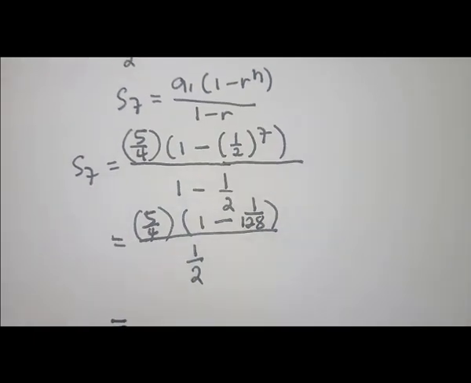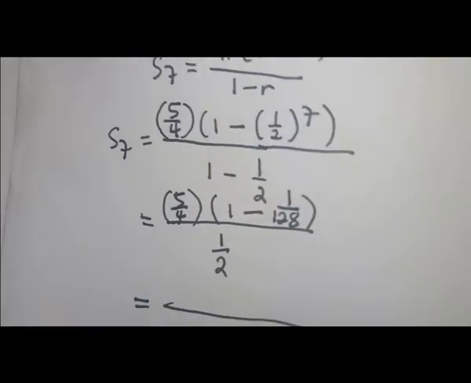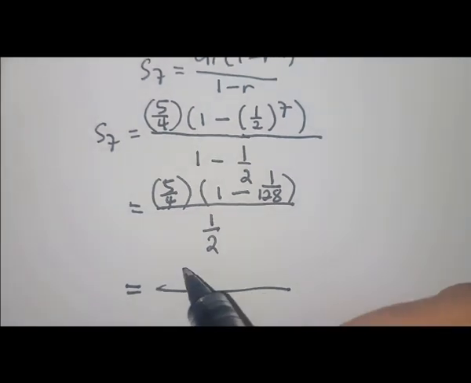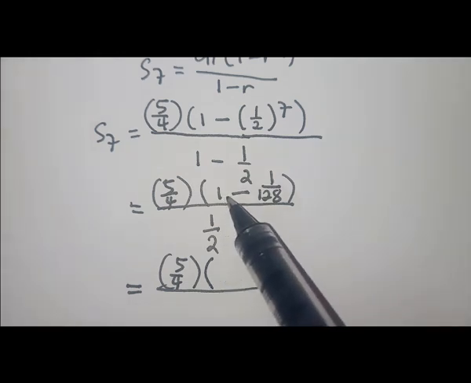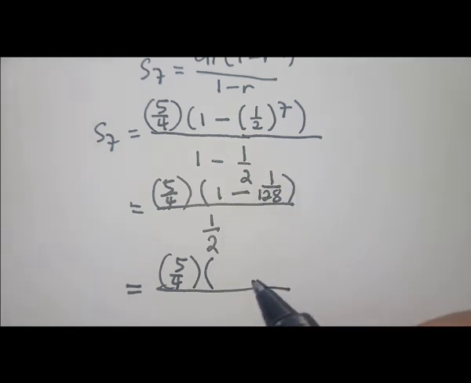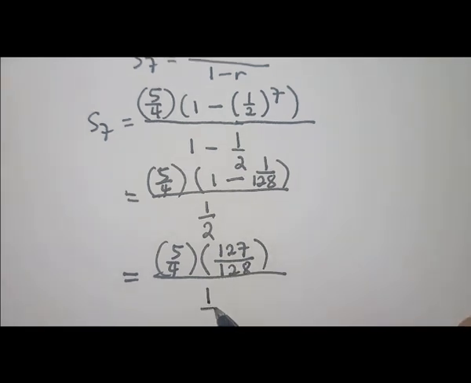Next, so we have here 5 over 4 times, we have 1 minus 1 over 128. It will give you 127 over 128 divided by 1/2.